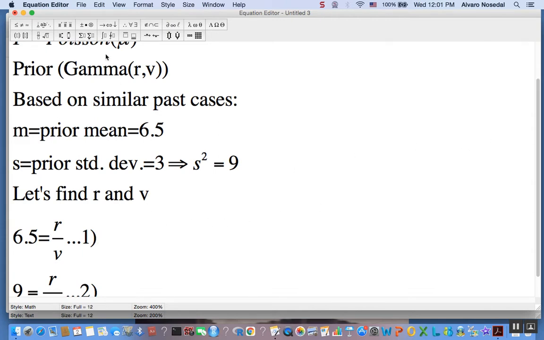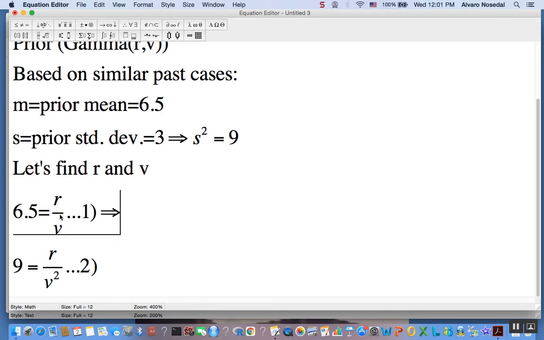One way of going about this is to solve for R. That would mean that R equals 6.5 times V. We do the same for the second equation: R equals 9 times V squared.